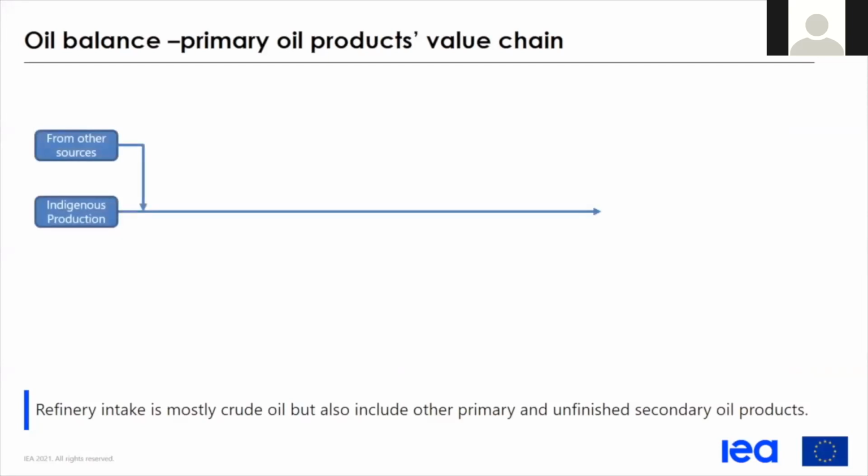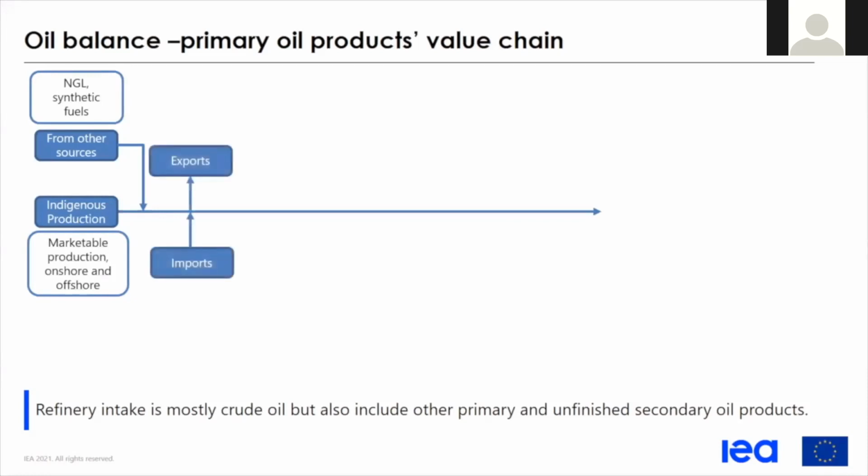We focus on the indigenous production of crude oil and some other sources for natural gas liquids, for example. One note here: we focus in our methodologies on marketable production, onshore or offshore, but marketable production coming from within the border of a country. If it's coming from another country, it will be reported as trade, so imports or exports.